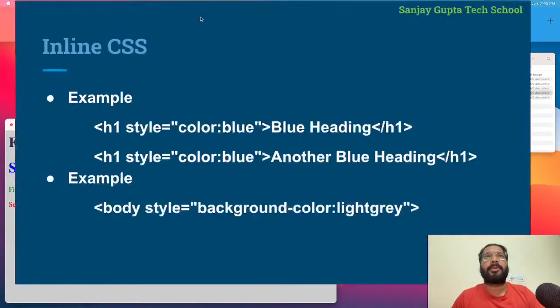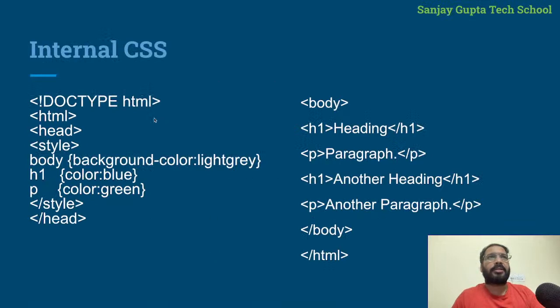Now let's jump to next type, that is internal CSS. So here you can see we have an example, and in this example, on the left hand side, we have the CSS, which is enclosed in style tag. And at right hand side, we have body where we have H1, P, H1, P. So what will happen, for body, background color will apply, for all the H1, whatever H1 you are using, color will be blue.